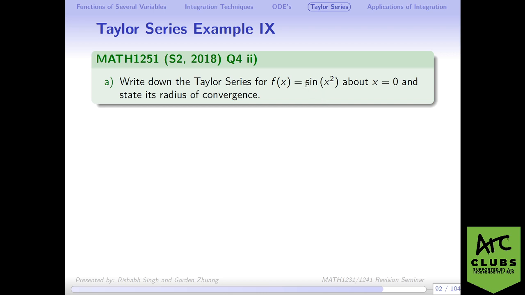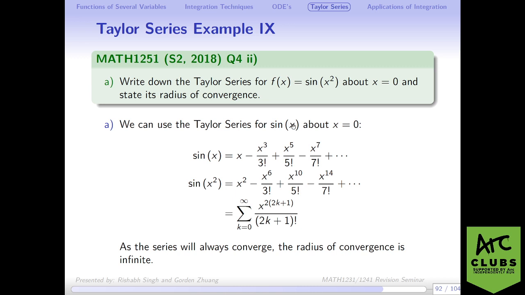So to write down the Taylor series, well, we can keep differentiating and use the formula, but that's a bit of work. So we can instead use the Taylor series we know for sine x, which looks like this, and we know that this series works for all x.